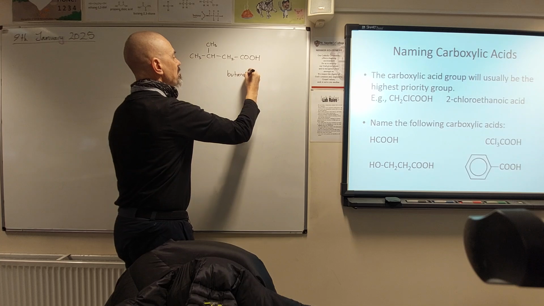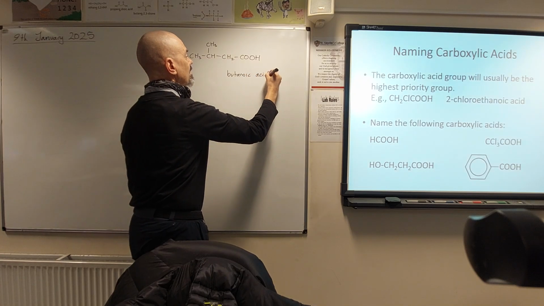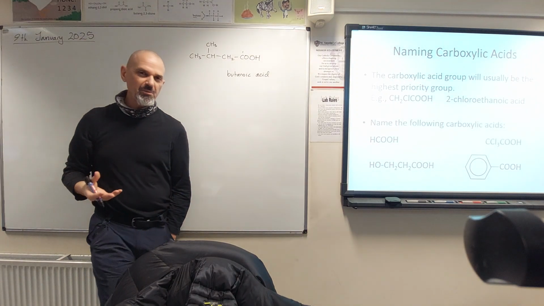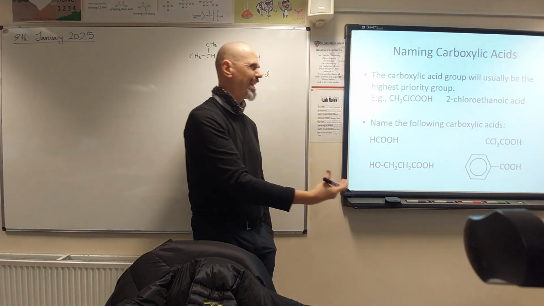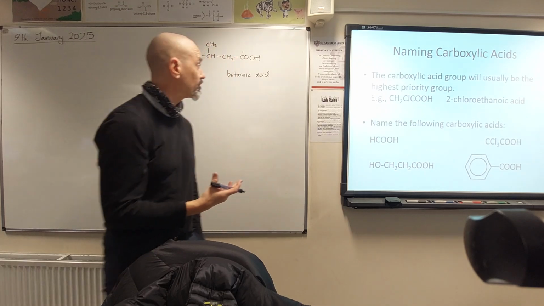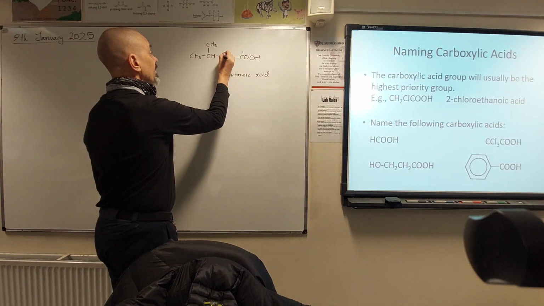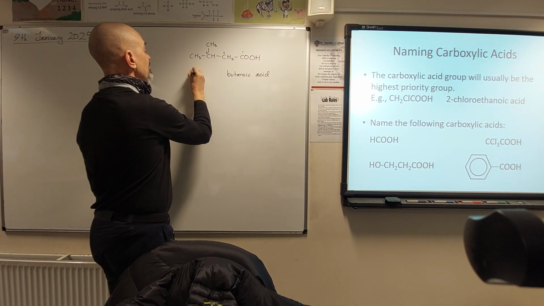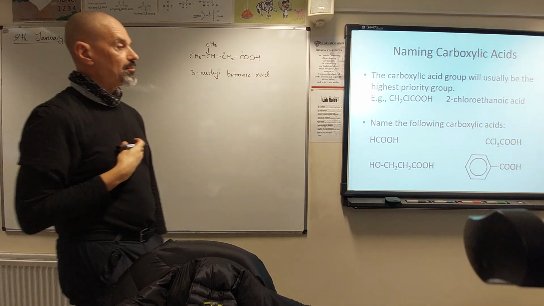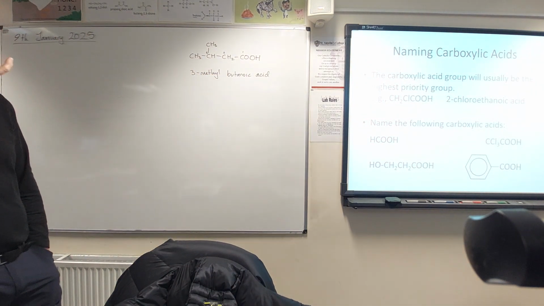So we just have to number it to identify the position. Well, by default, the acid group will always be carbon 1. The acid has to be at the end of a molecule, but it also takes priority as the most important functional group. So carbon 1, carbon 2, carbon 3, so it's 3-methylbutanoic acid.